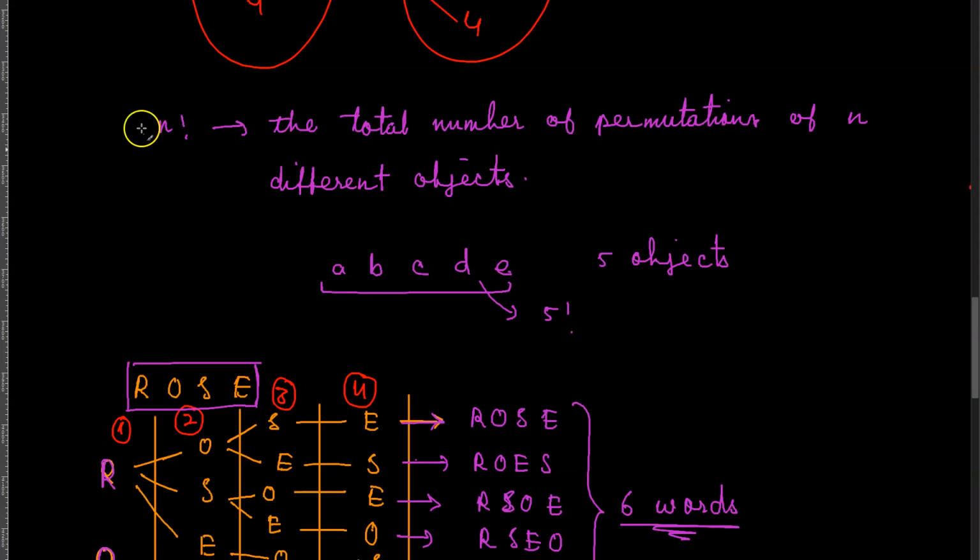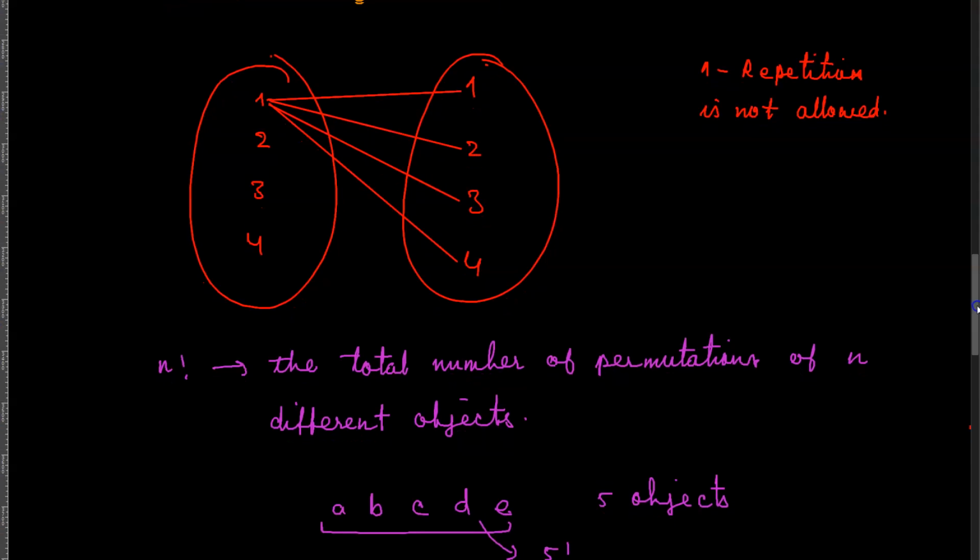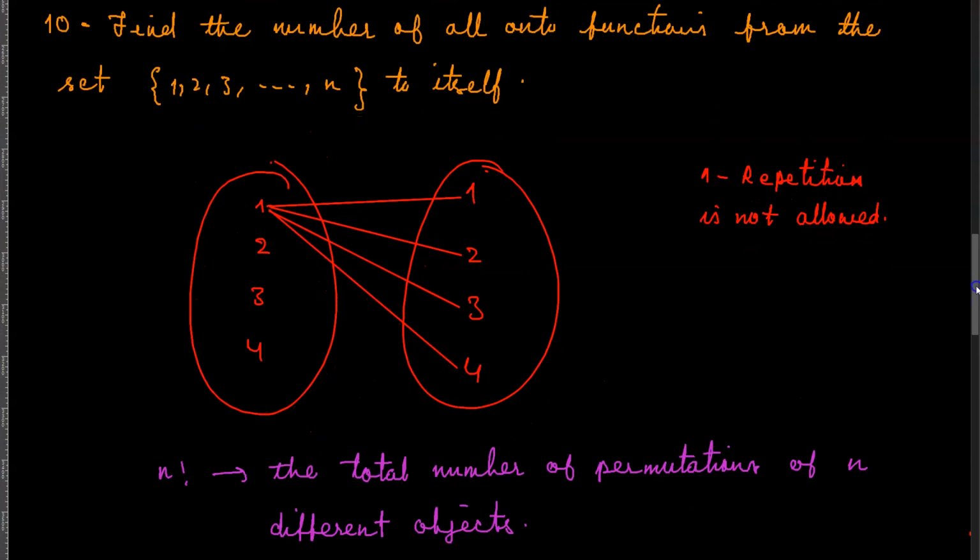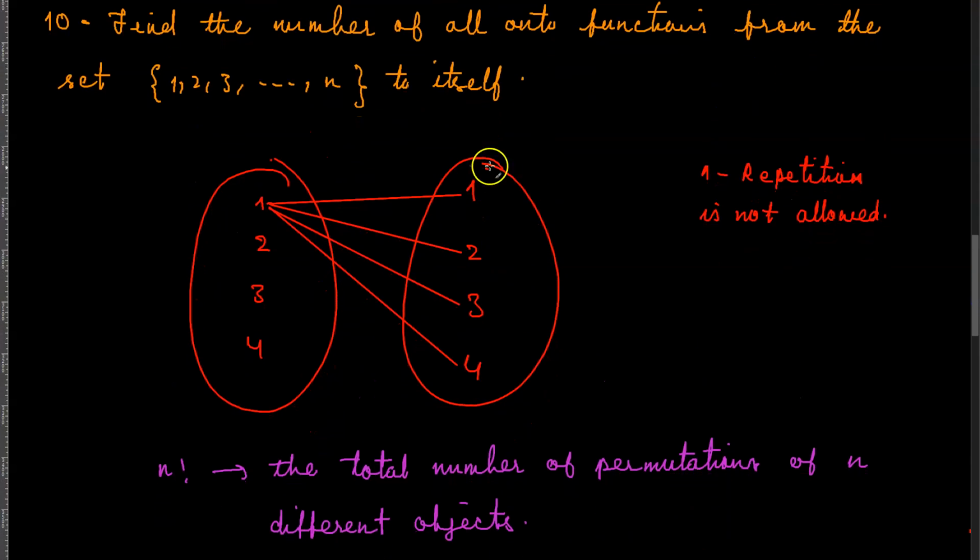So then you can say that n factorial is the total number of permutations, or basically all the different possible arrangements of n different objects taken all at a time, right? So as you can see, this concept of permutation is the exact same concept that we can use over here.